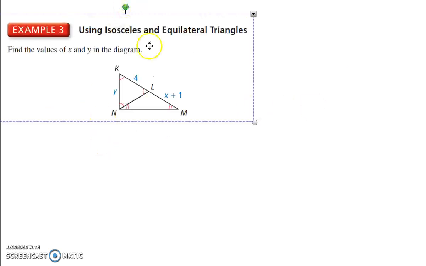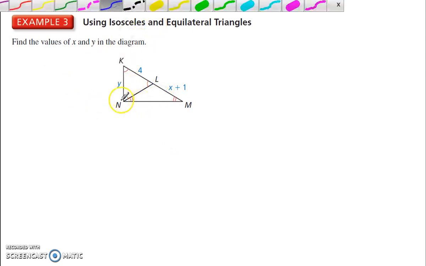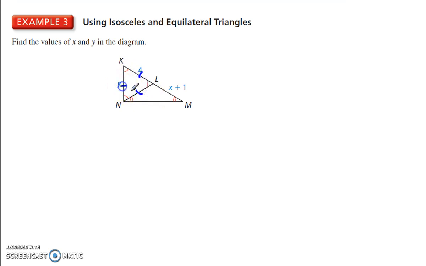All right. Using isosceles and equilateral triangles, find the values of x and y in this. Because we know that this is equiangular, corollary base angles theorem tells us it must be equilateral. Therefore, y is equal to 4. NL is also equal to 4 because this is equilateral.